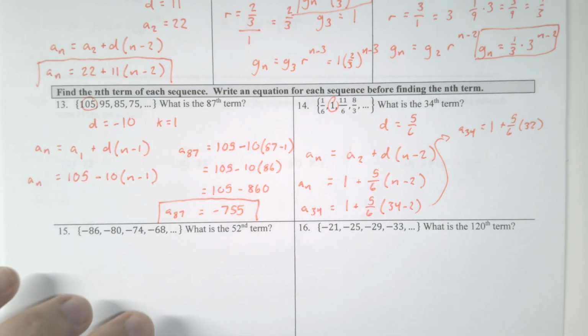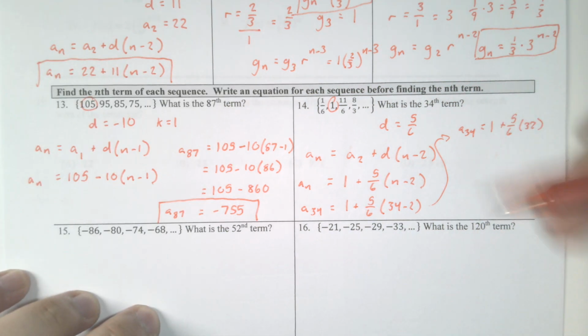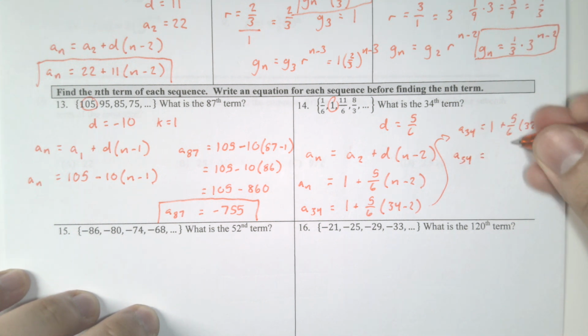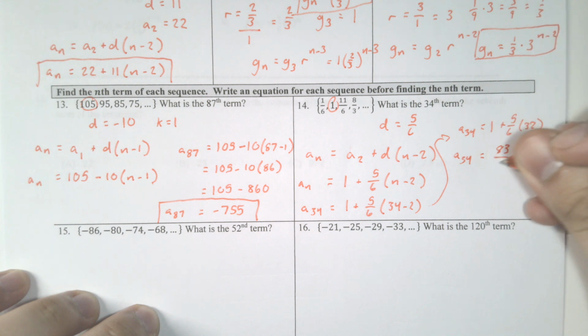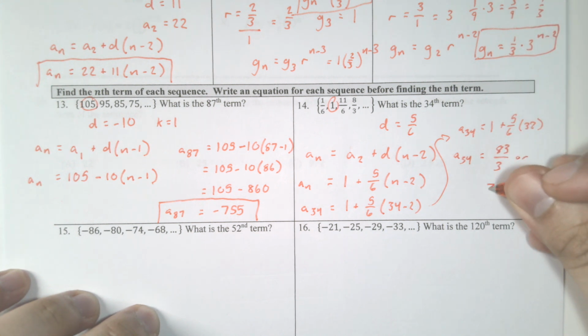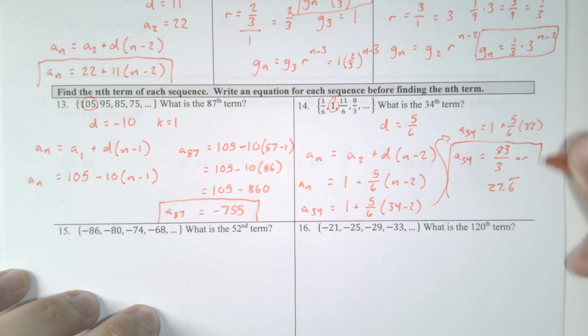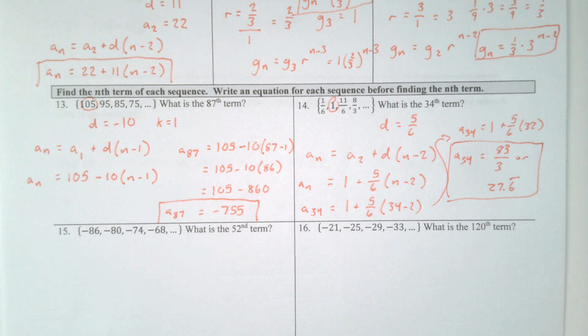And so when you throw this into your calculator, this is going to be a sub 34 is equal to 83 divided by 3, or you can say 27.6 repeating. Either one of those answers will be acceptable.